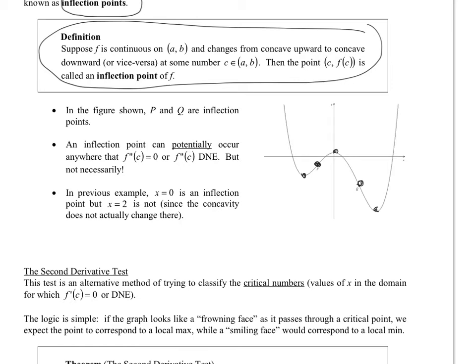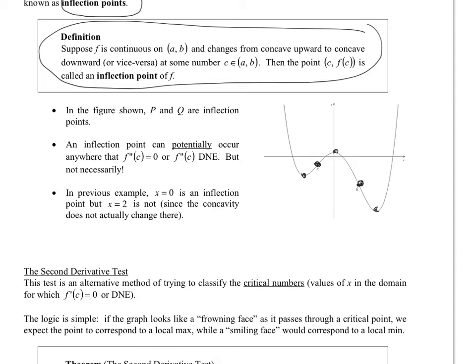And then likewise at point Q, the graph appears to transition back from being a frowning face to looking like a smiling face. So it can be a little bit imprecise to pick out exactly where the inflection points occur.